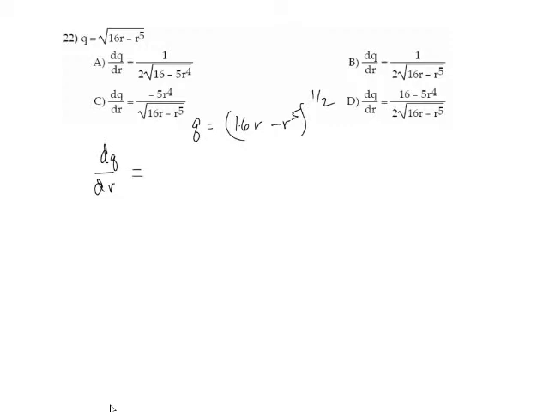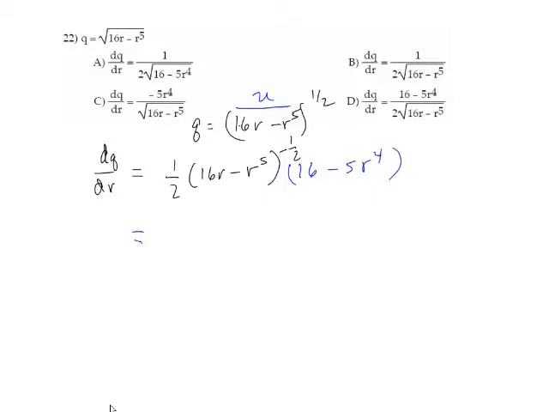So you get dq dr is equal to 1/2 times 16r minus r to the 5th to the minus 1/2 power. Now you have to realize you have to take the derivative of the inner function u with respect to r, and that's 16 minus 5r to the 4th.